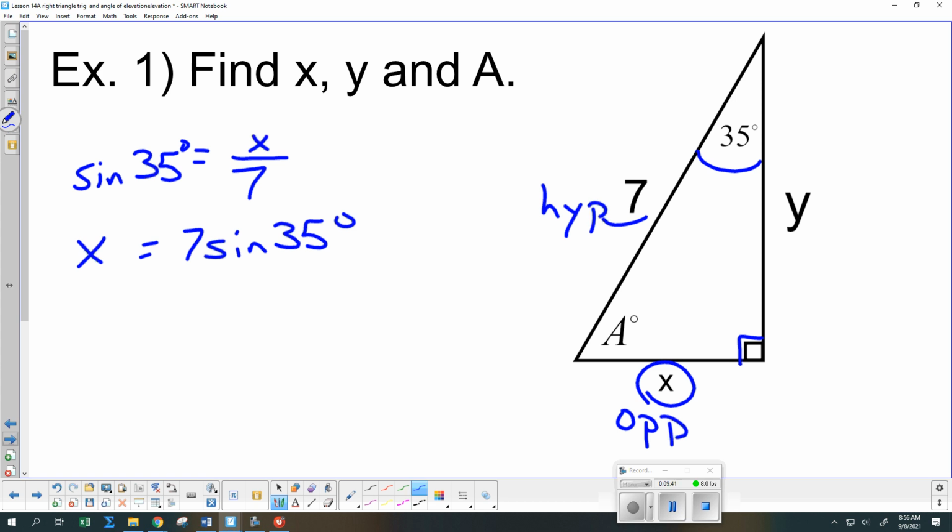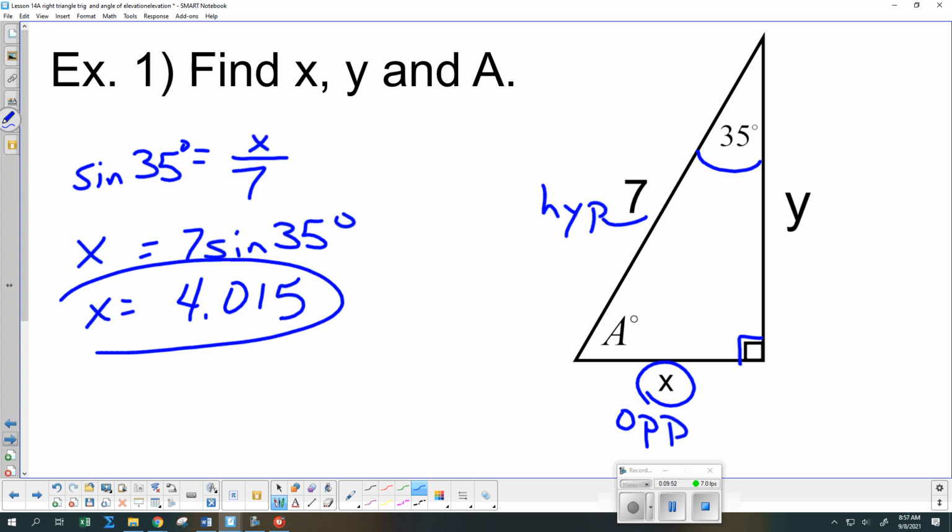Olivia, what do you have? I have 4.015. Anybody else? 4.015. Thumbs up if you have that. Thumbs down. Something else? Looks good. So X is 4.015.